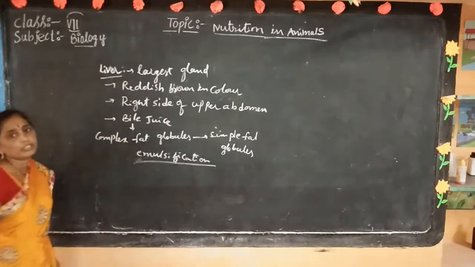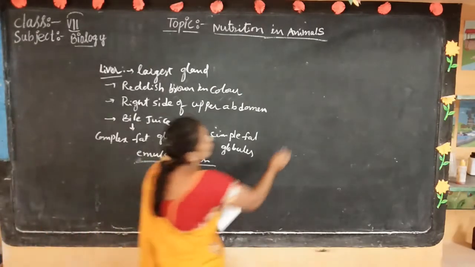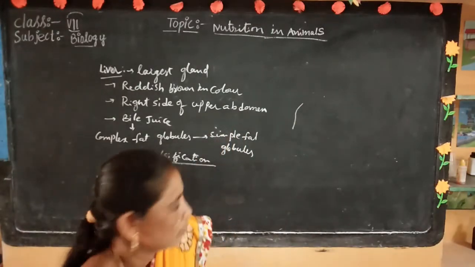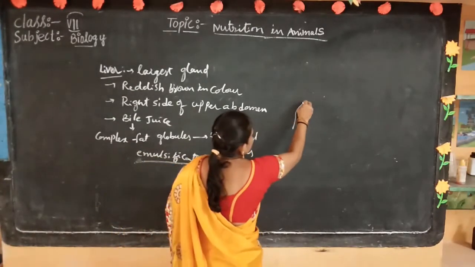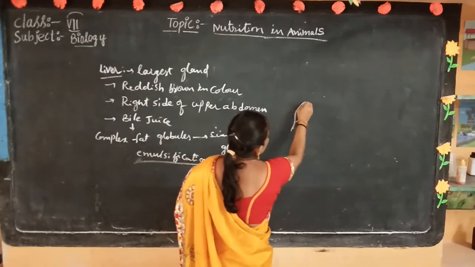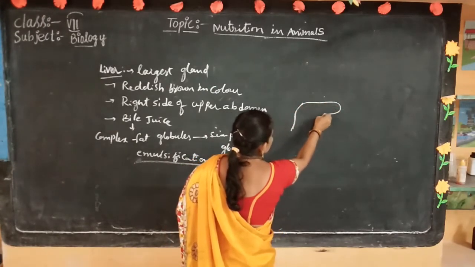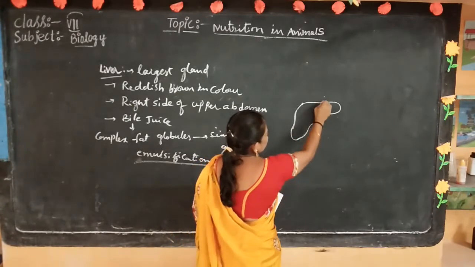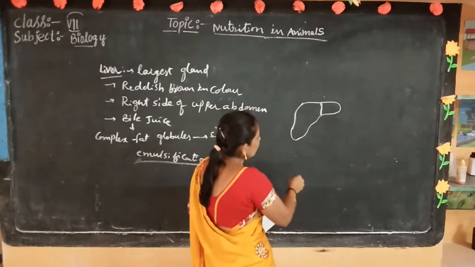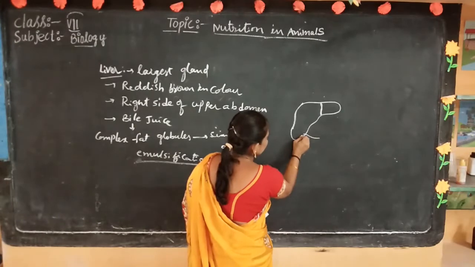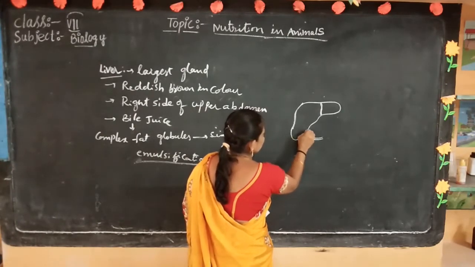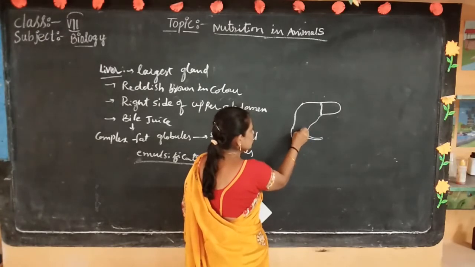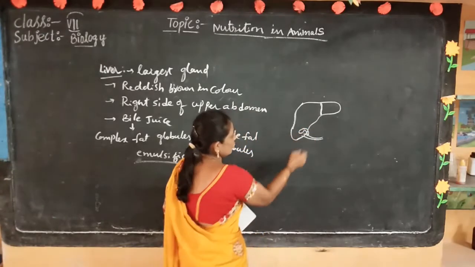Listen carefully. Liver is the largest gland, and it is reddish brown in color.